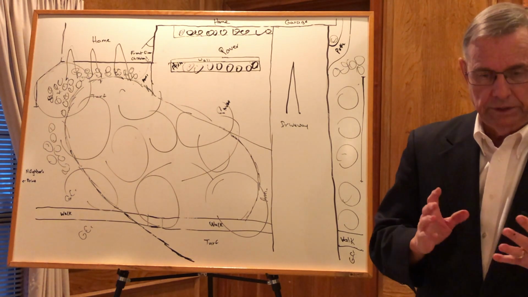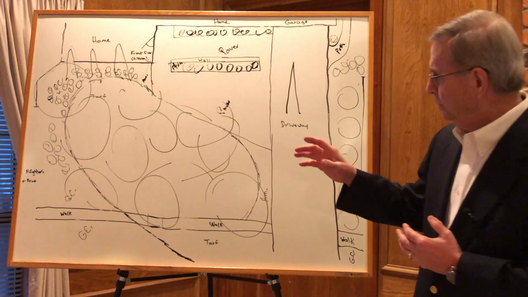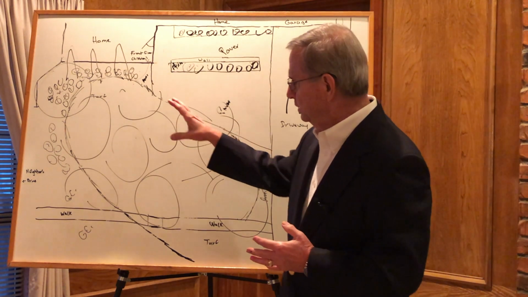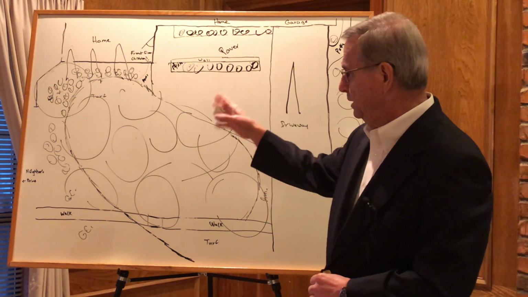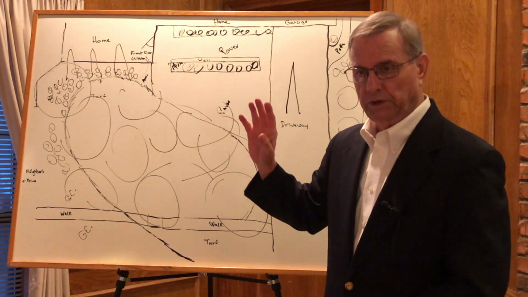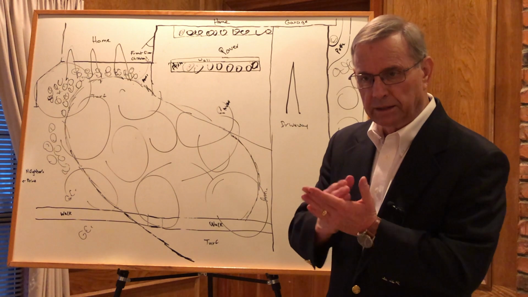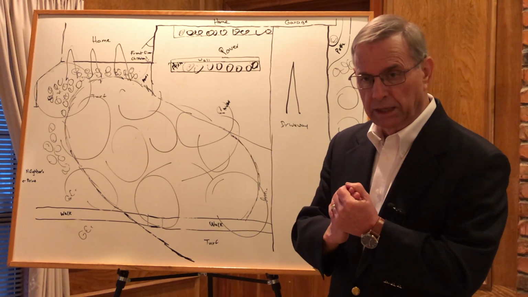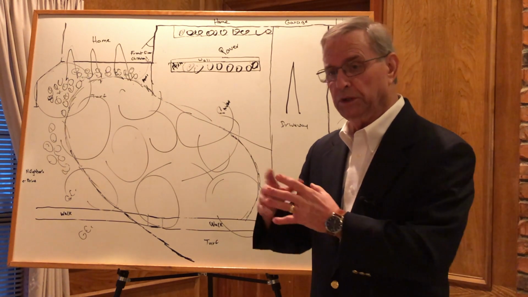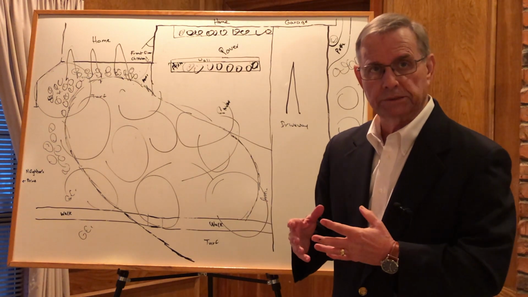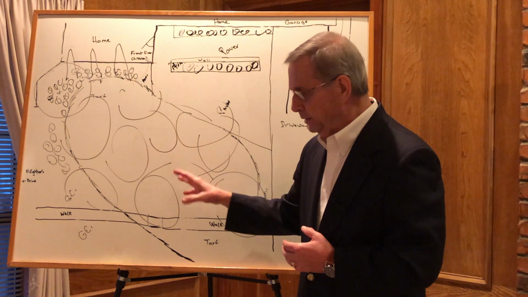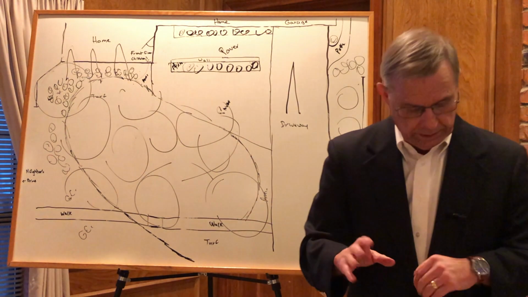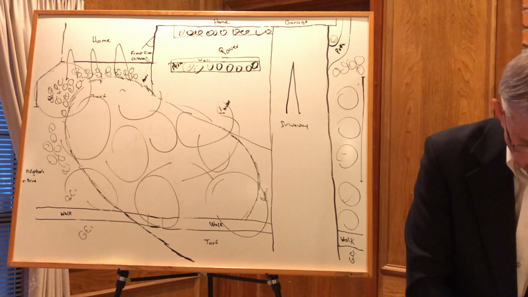What would serve them much better is to get an overall plan, then decide which area is the most important to you and your family. Many times it's the front yard. Well, you get the front yard done and get it done really well before you ever move to the backyard or any other aspect. So you have an overall game plan, but you only implement it as you have the time and the money and energy to do so.